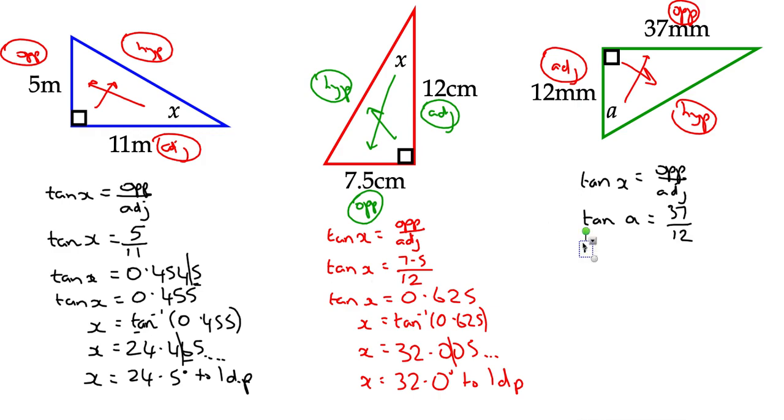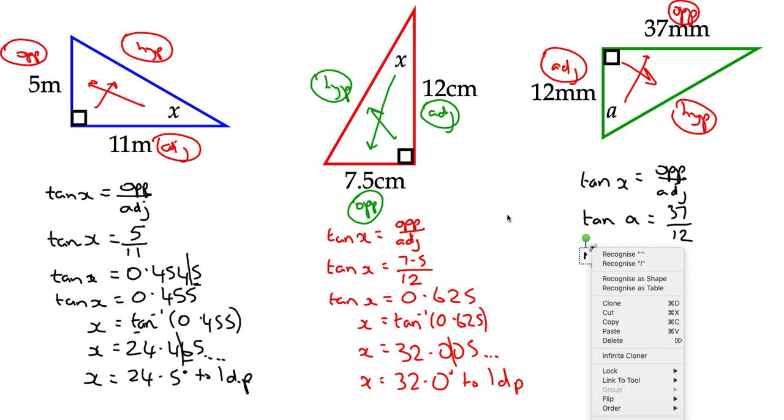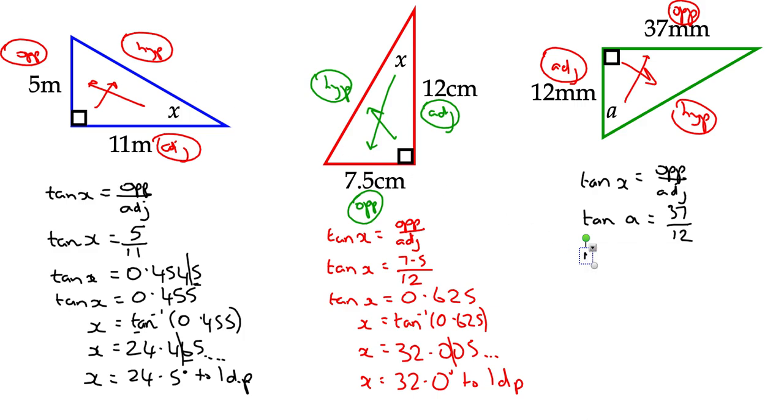Right, tan A, what did we say? 3.0833333. Okay, so I'm going to cut it after 3 decimal places.